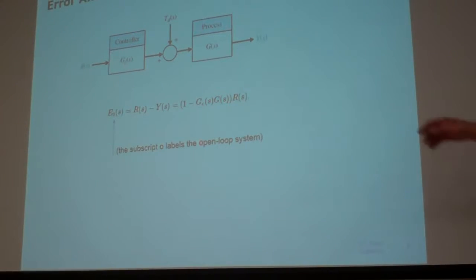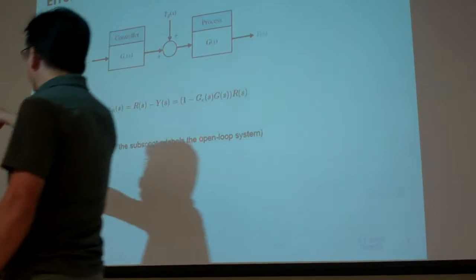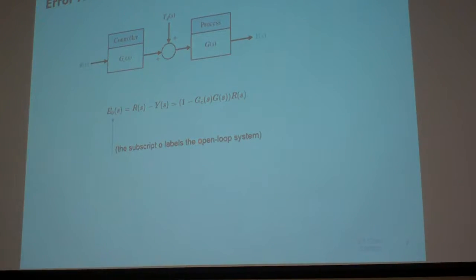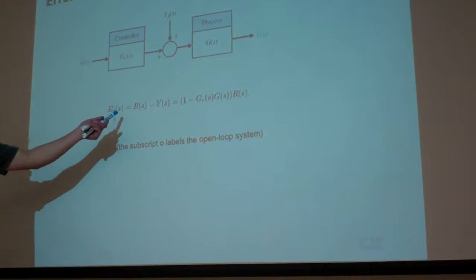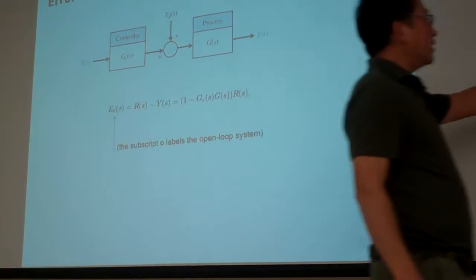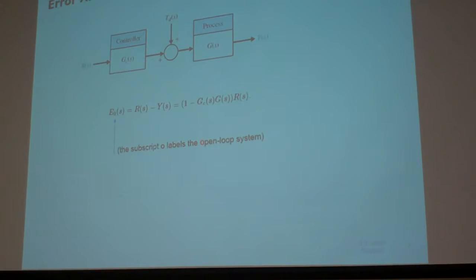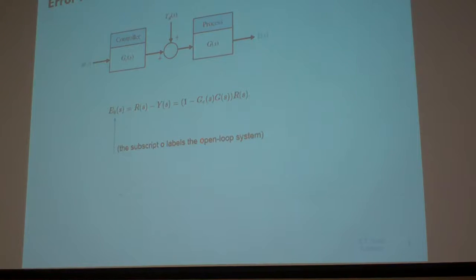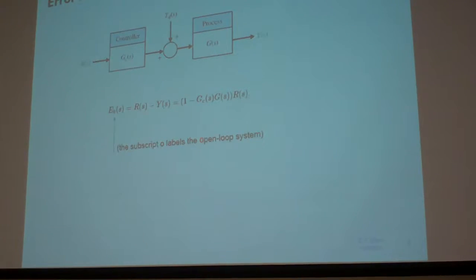Rather than showing the output response to the input, in the error analysis we want to show how the dynamics of the error approach 0, which means the output will be identical to the input. Okay, so this is a different perspective of studying dynamic systems.